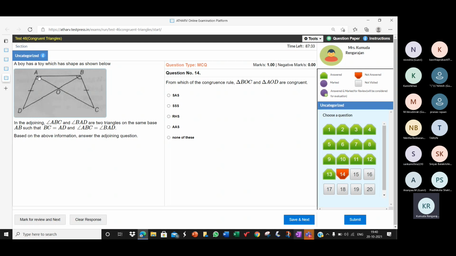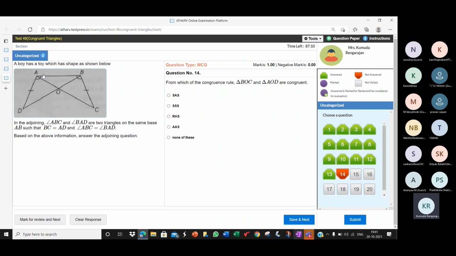So, Sangamitra says first consider the whole angles BAD and ABC. They are equal because it's given to us in the question. Then we prove that this triangle is congruent to this triangle.